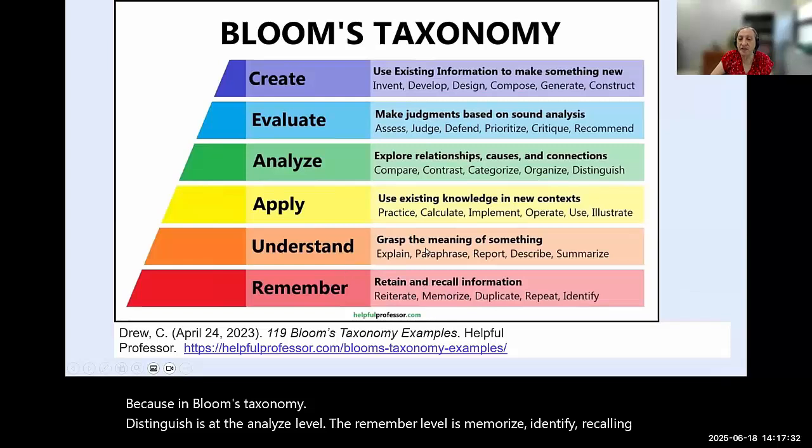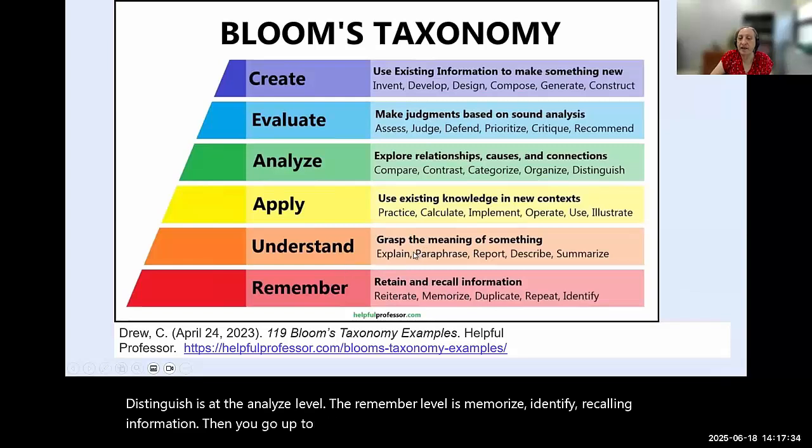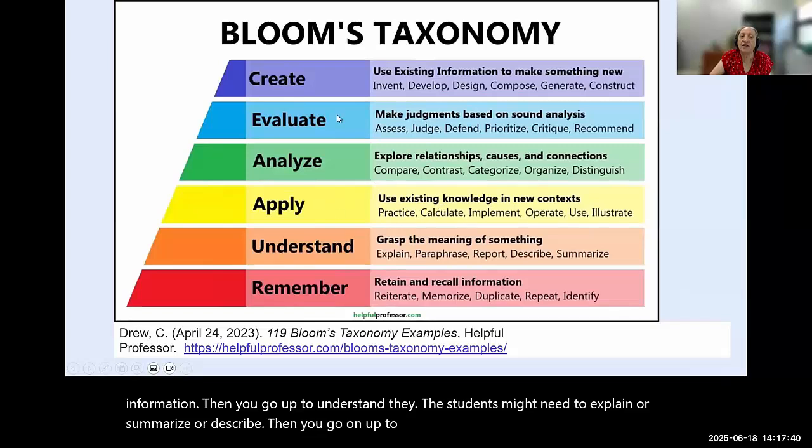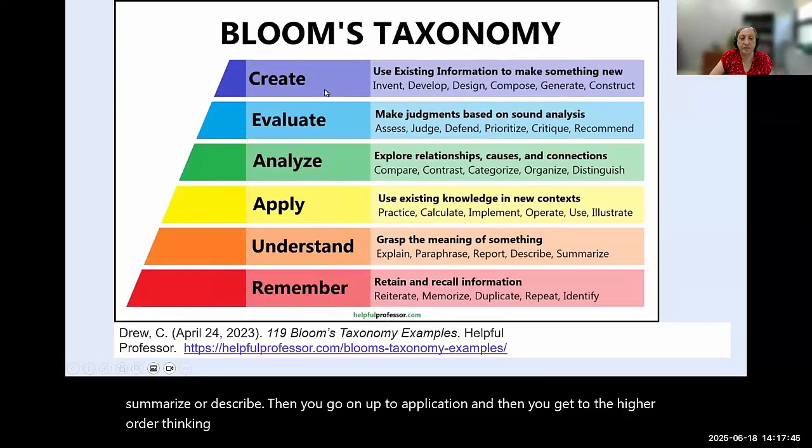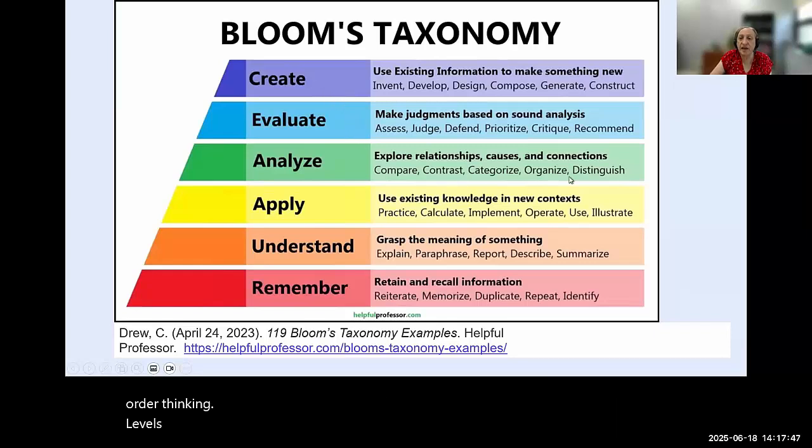Then you go up to understand. The students might need to explain or summarize or describe. Then you go on up to application, and then you get to the higher order thinking levels of Bloom's taxonomy. And the verb that you use in the learning objective is really what puts it at that level.